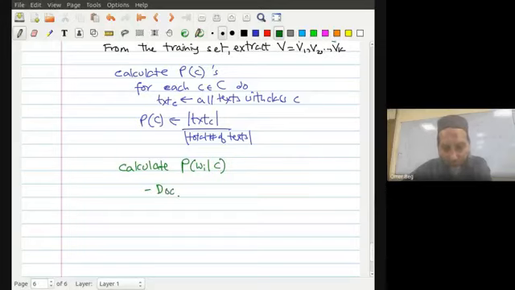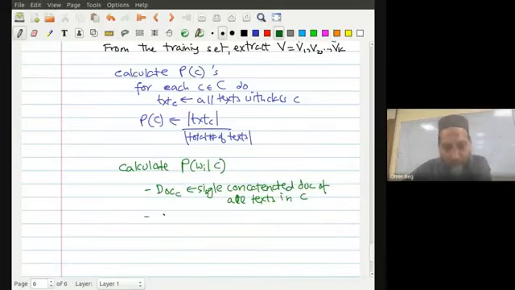So one document, let's say for this class C, would be a single concatenated document of all texts in class C. So we get that document.